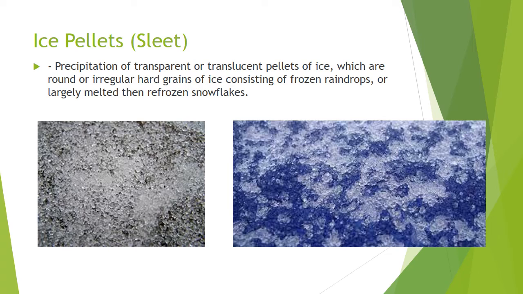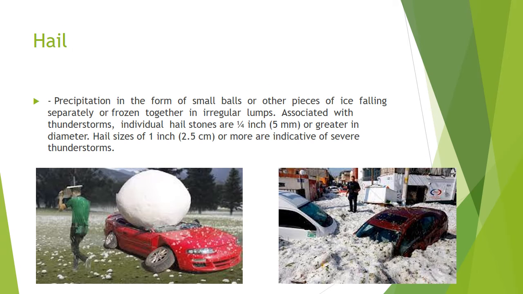So, kani siya, ang ice pellet are round or irregular hard grains of ice. So it consists of frozen raindrops. So kung sa rain kay tubig siya, kani siya is frozen. Ang raindrops niya is frozen. So, and it is a largely melted then refrozen snowflakes.